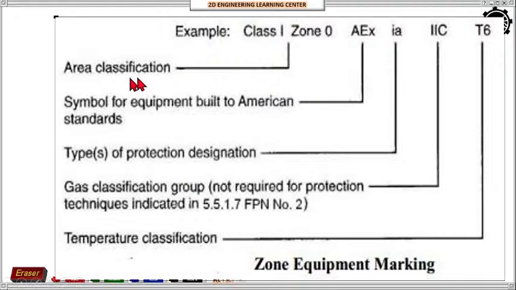For example, the area classification, class 1, zone 0, the symbol, that is the American standard if this is what is used. Then IE, the type of protection, no? Then IIC, that is the gas group, so not required, no? So it is not required if it goes into this condition. Then the temperature classification T6, so this is 85 degrees Celsius.